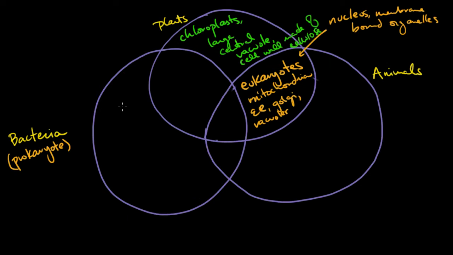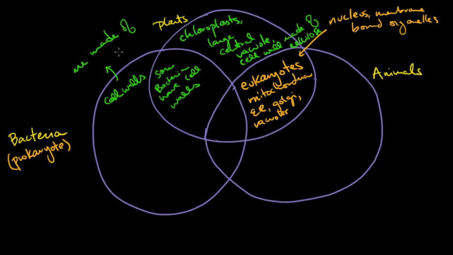Now, you might remember that I said that some bacteria have cell walls, but these cell walls are made, and I'm not going to go into too much detail here, of something other than cellulose. And this is something we talked about in class before the podcast check. So, bacteria are made of something other than cellulose.